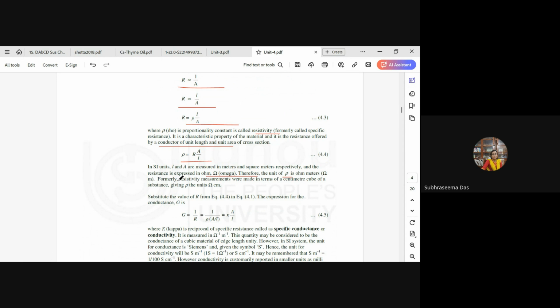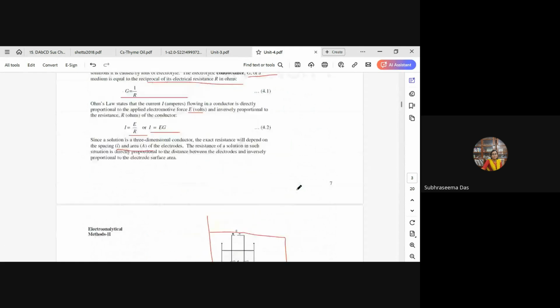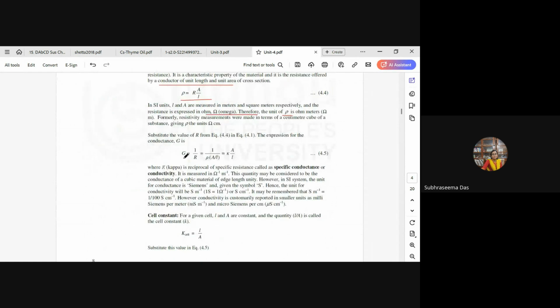Now we substitute the value of R in our Ohm's law, that is in equation 4.1. Then we get the conductance G is equal to kappa into A by L. Here kappa is the reciprocal of the specific resistance or resistivity, and it is called specific conductance or conductivity.